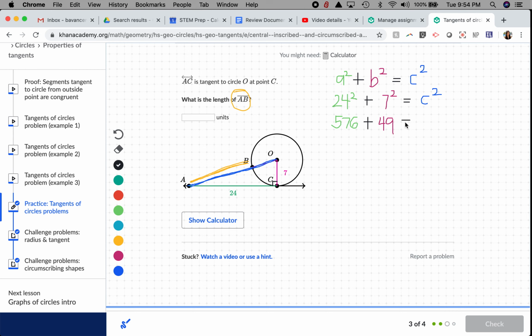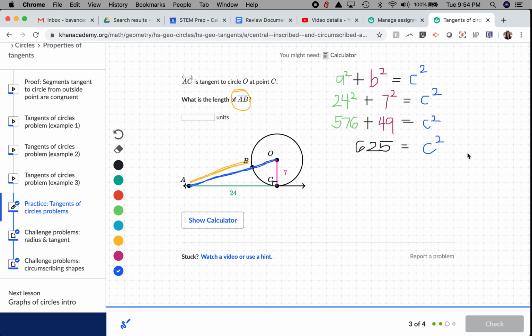And that is equal to c squared. Now these two numbers we can combine. 576 plus 49 is going to give us 625. And 625 is going to equal c squared.